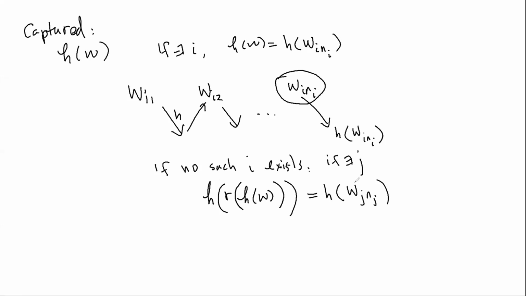Now this J could also be I as well. If this is true, then you can start from that J, and then you can find your passwords.